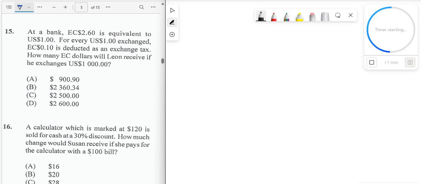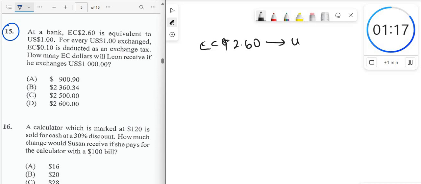All right, so now we're looking at question 15. At a bank, EC $2.60 is equivalent to US $1. For every US dollar exchanged, 10 cents is deducted as an exchange tax.